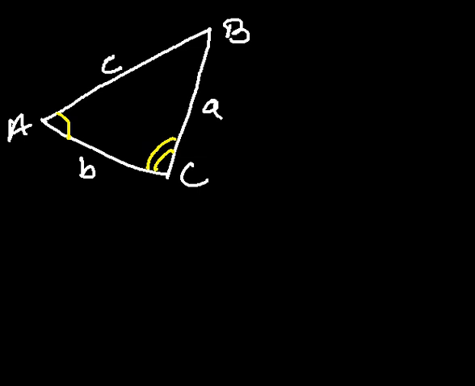So now, how can you apply the cosine law in order to find the side of an unknown value, or even the angle?